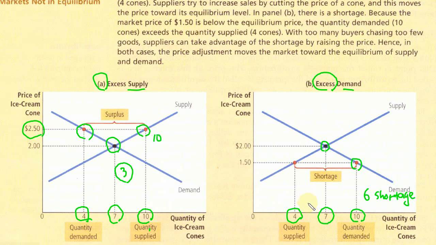Okay, the supplier can increase their price up to $2. Then it also automatically returns to the equilibrium point here. Okay, so eventually both of these graphs will return to the equilibrium point naturally.